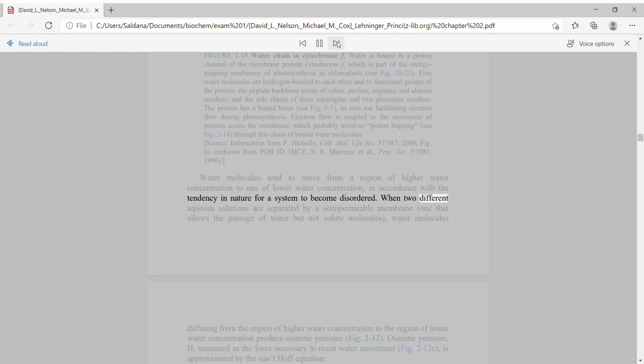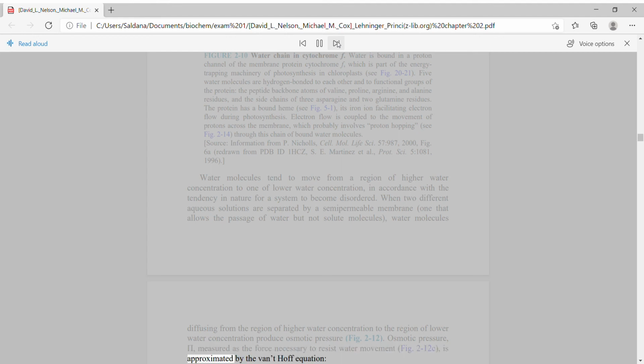When 2 different aqueous solutions are separated by a semi-permeable membrane, one that allows the passage of water but not solute molecules, water molecules diffusing from the region of higher water concentration to the region of lower water concentration produce osmotic pressure, Fig. 2-12. Osmotic pressure, pi, measured as the force necessary to resist water movement, Fig.